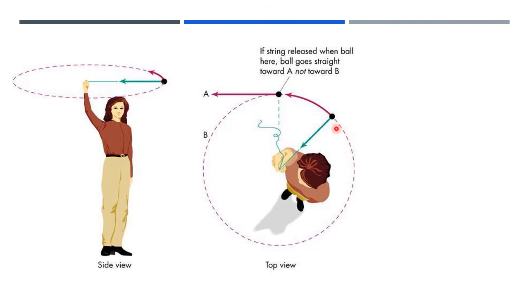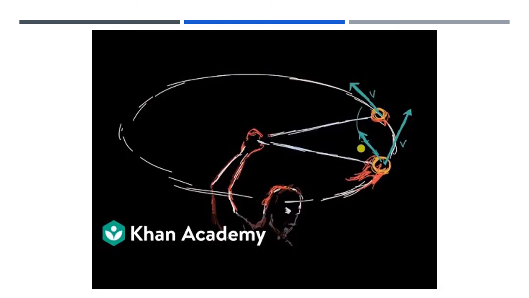For example, if you are rotating in this way and you release the thread from this point, the ball will move straight towards A instead of going to B. In this diagram also you can see a ball or rock. This person is rotating it. When you release the thread at this point, it will move straight in this direction. And if the ball is released at this position, it will move straight in that direction. Whenever it is released, it moves in a straight line.